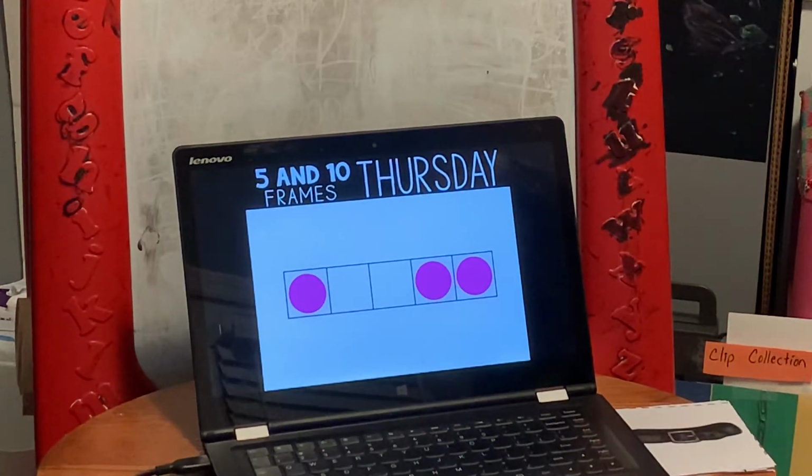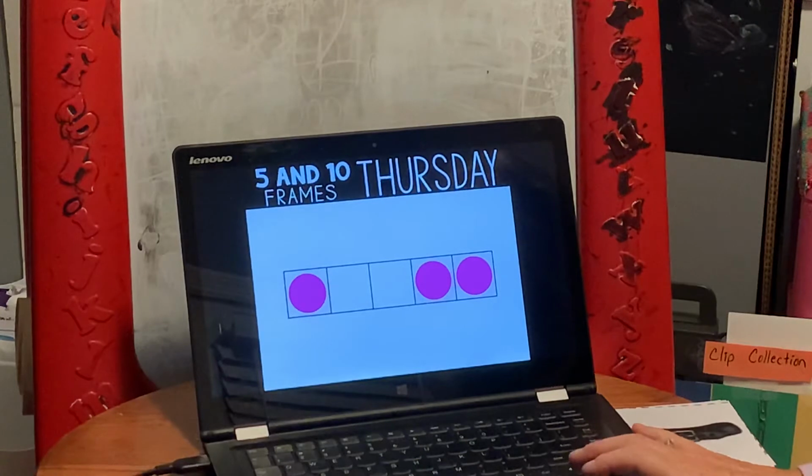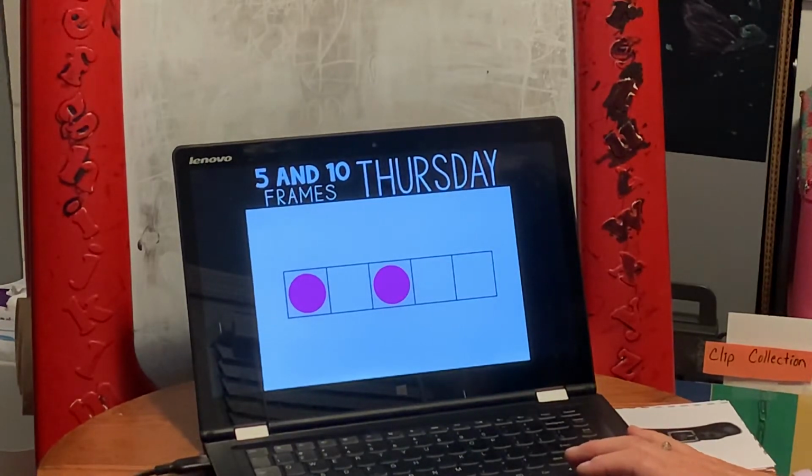Okay, pause the slide and talk to your grown-up at home about how many dots you see. Do the same with this one. Pause the slide and talk to your grown-up at home about how many dots you see on this slide. Okay, how many dots do you see?